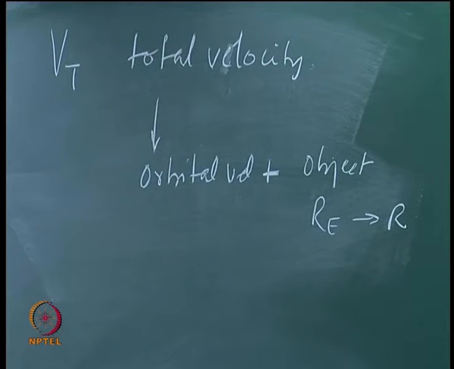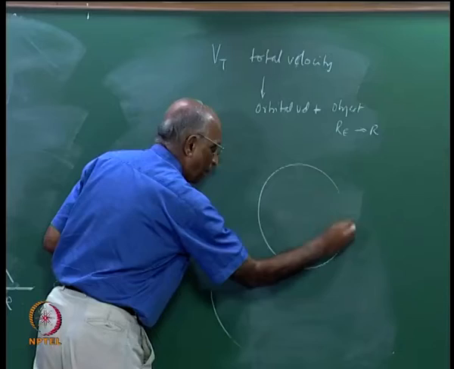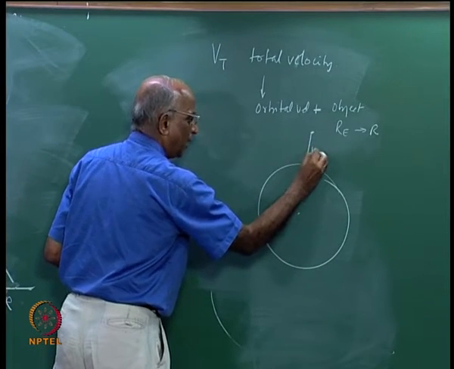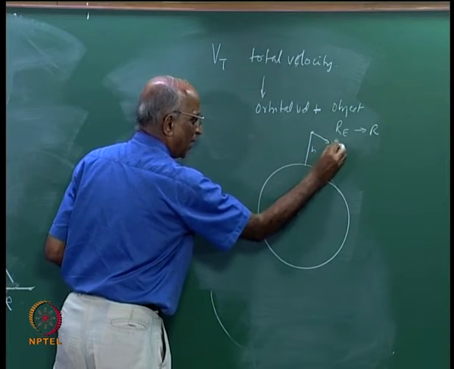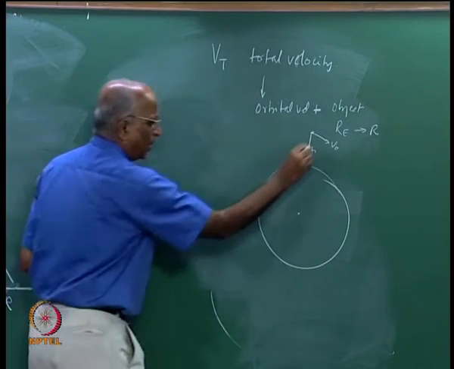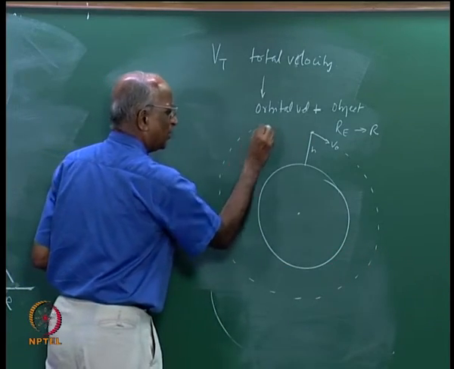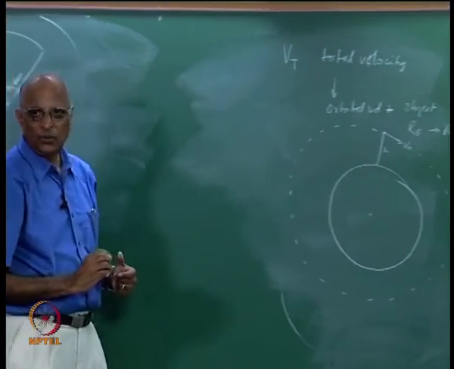In other words, I have the earth here, I want to take the spacecraft above the earth to a height h, and I have to give an orbital velocity, and then it will continue here. Therefore, what is the total velocity which I must give?